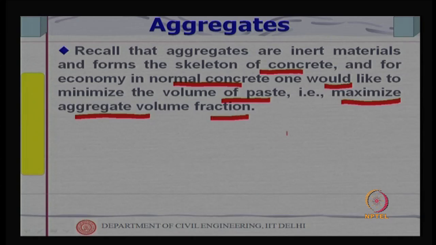Paste contains cement and that is the costliest material in the concrete. Therefore, one would like to minimize the use of paste from the cost point of view. Of course, there are other issues related to shrinkage etc., but from sheer cost point of view one would like to minimize the use of paste. So, maximize the amount of aggregate in the system.